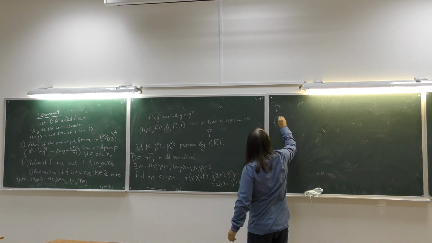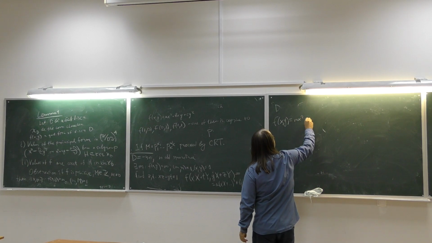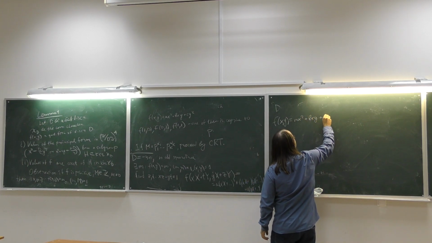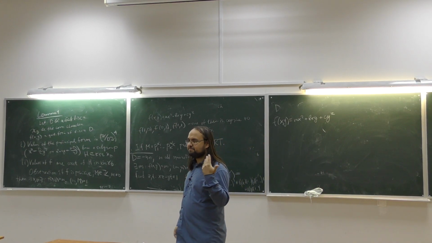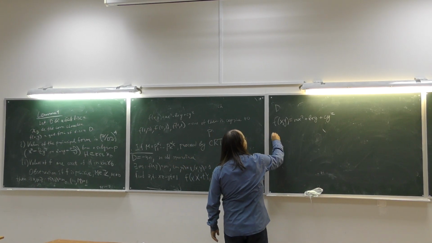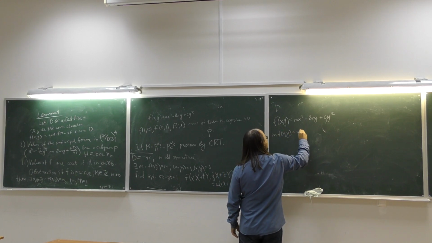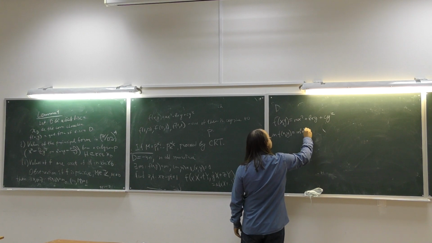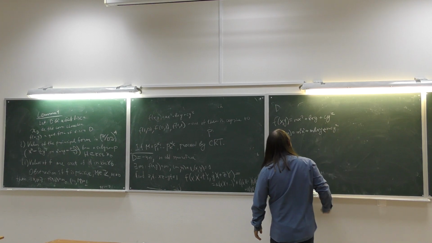So f(x,y) is equal to m x squared plus bxy plus cy squared. Now let's multiply it by m. m f(x,y) is equal to m squared x squared plus mbxy plus mcy squared.